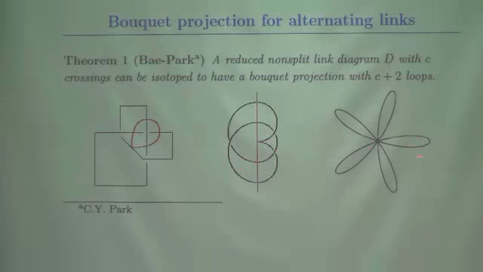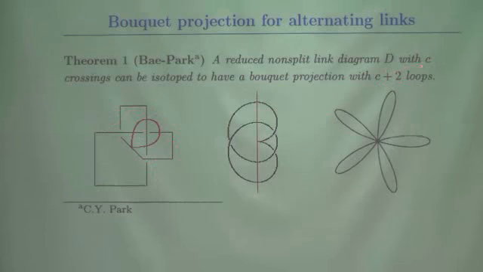Here I omitted the height information of these loops. So C plus 2 is the same as the number of regions in the diagram you started with.